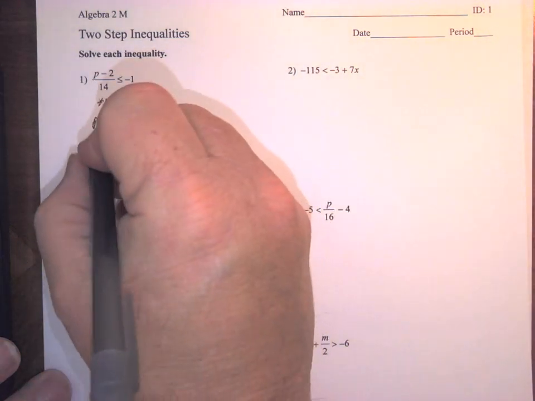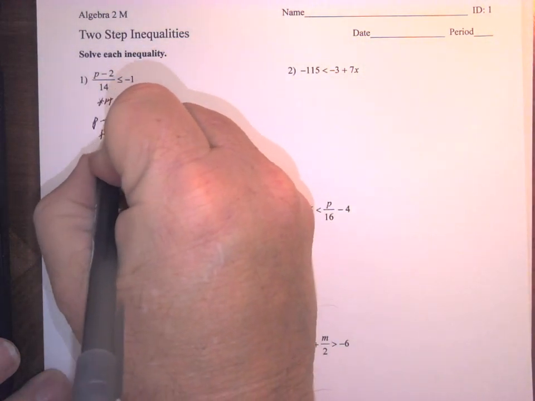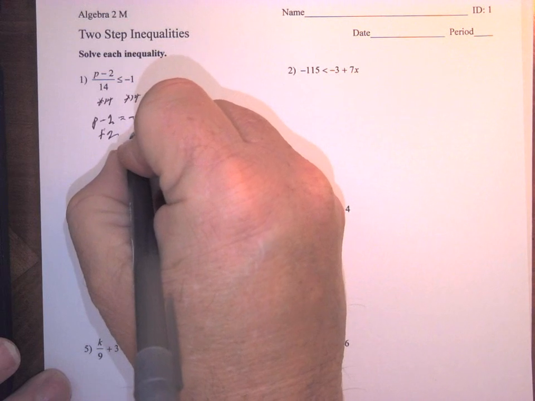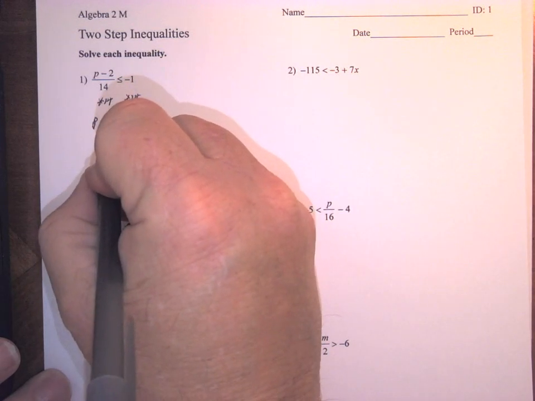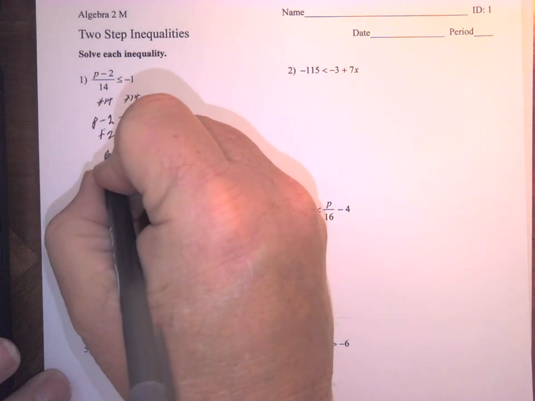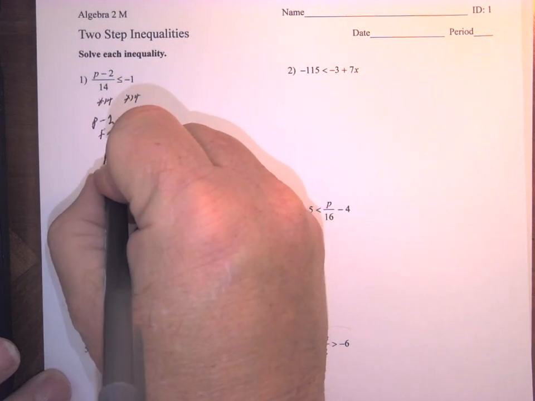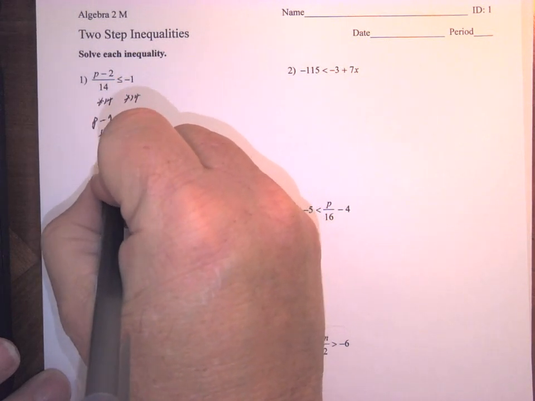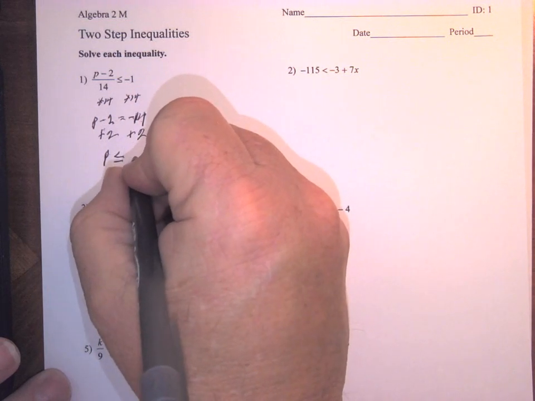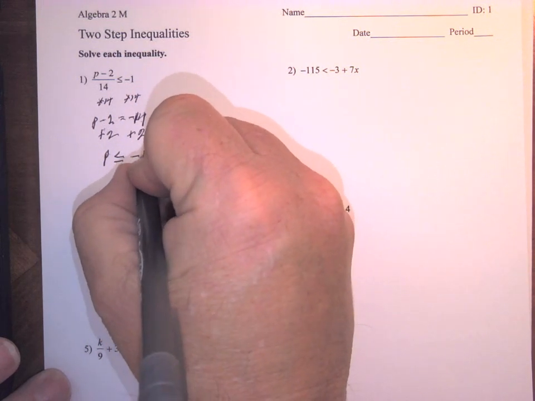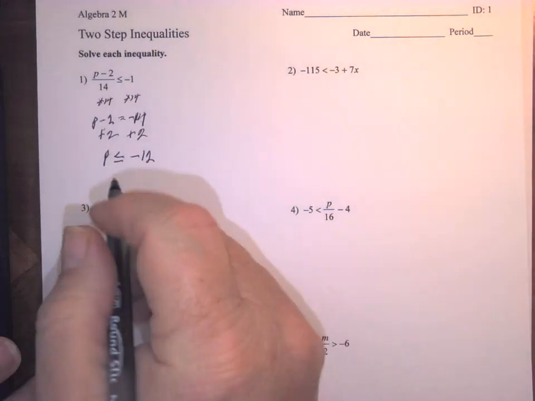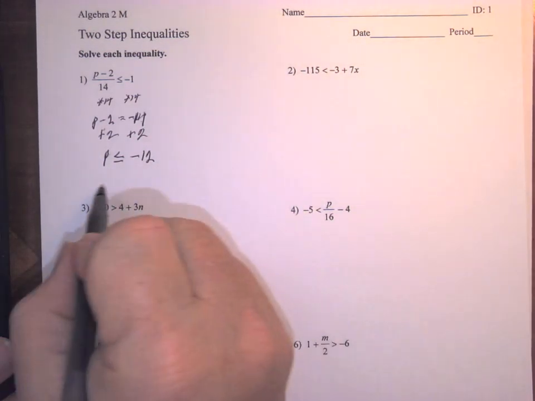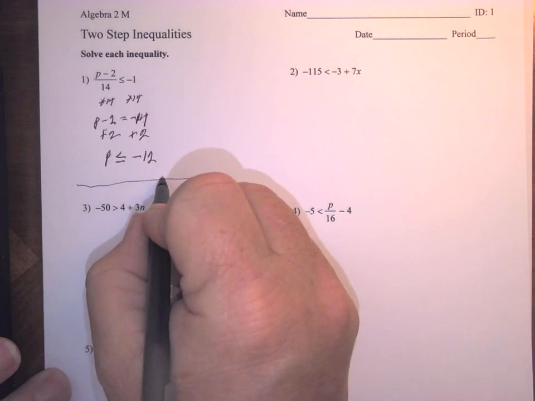So all we have to do is add our plus 2 here. This is the second step. Plus 2 here. And we get p is less than or equal to negative 12. Now, I'm not asking you to graph these because the graph looks like this.